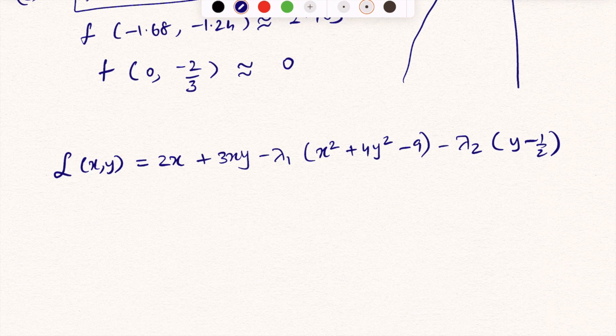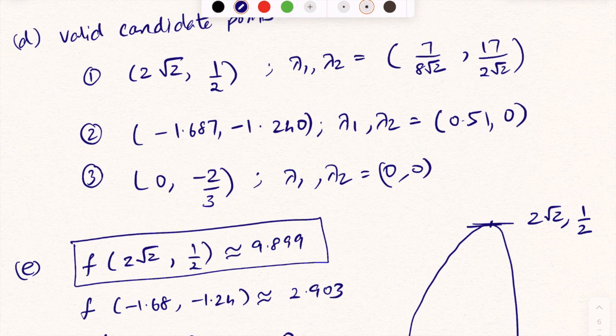At this point, of course, we have the candidate point (2√2, 1/2), only found at lambda 1 and lambda 2 being equal to these values.